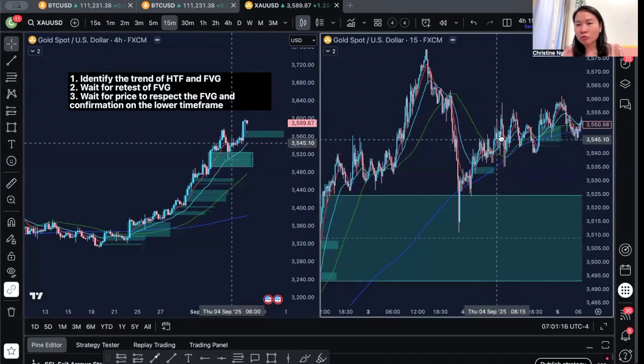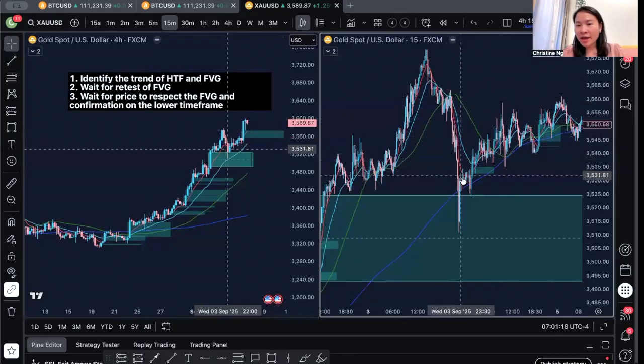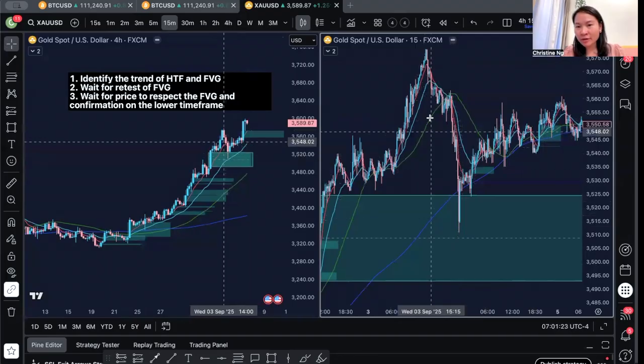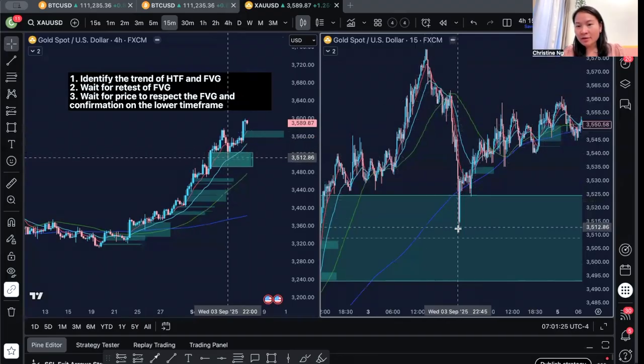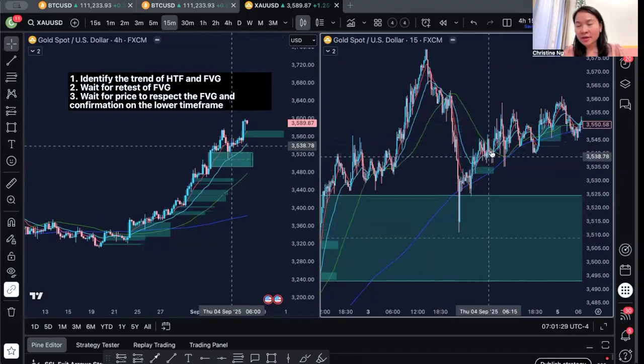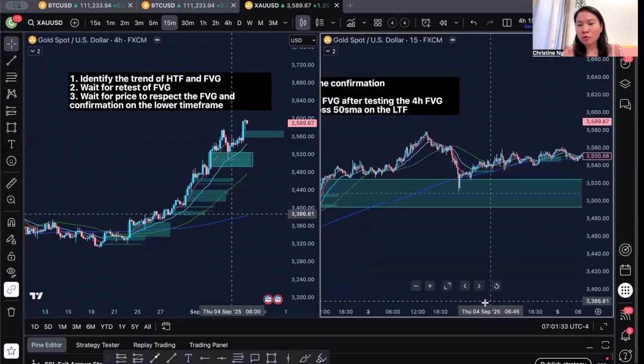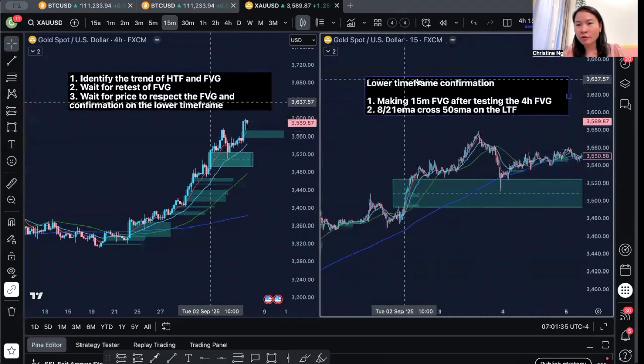So that also shows that the 15 minutes has changed trend from pulling back, it's downtrend on the 15 minutes, then respect the higher time frame support, and then starts to go uptrend as well on the 15 minutes. So these are the 2 ways of confirmation that I can look for on the 15 minutes time frame, which is my lower time frame.